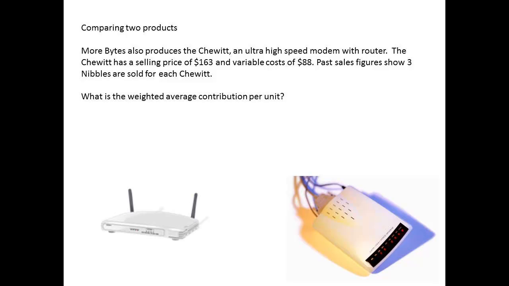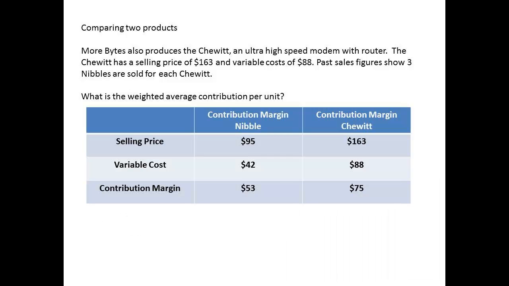Morebytes produces a second modem router, the Chewit, which has a selling price of $163 and variable cost of $88 per unit. Morebytes sell 3 nibbles for each Chewit sold. We can determine the weighted average contribution per unit. The contribution margins are $53 for each nibble and $75 for each Chewit.